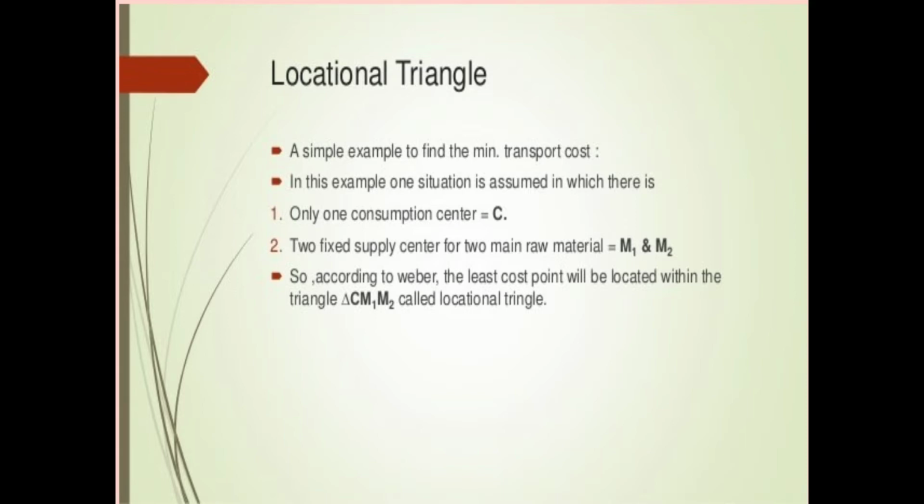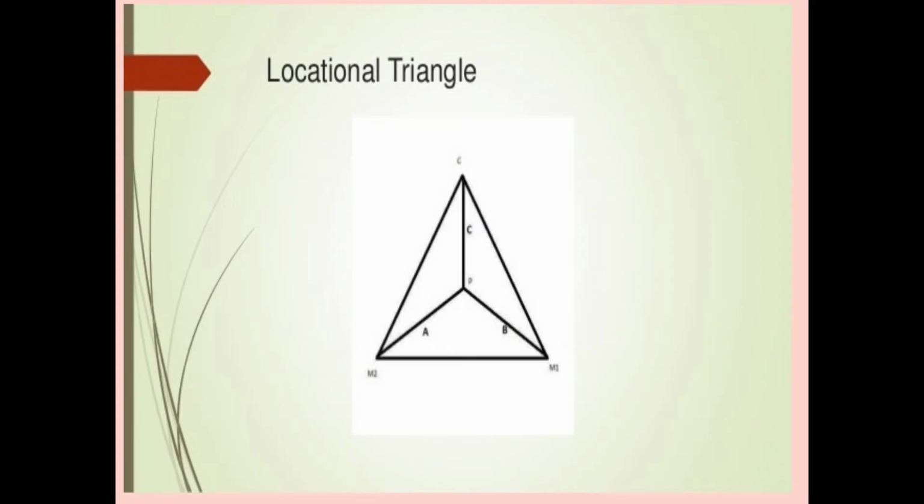Then according to Weber's theory, a least cost point will be located within the triangle, that is C, M1 and M2. M1 and M2 called the locational triangle. So this is the triangle.